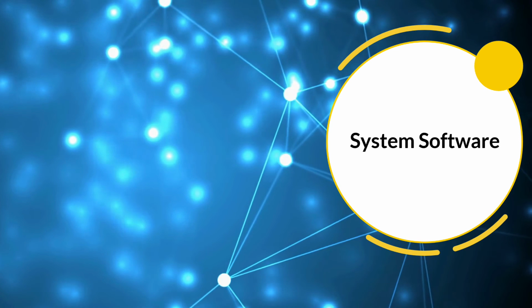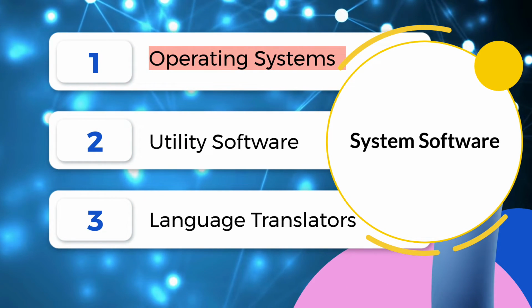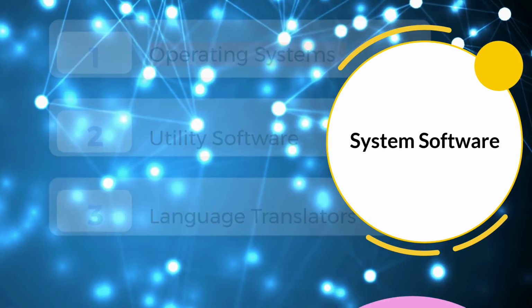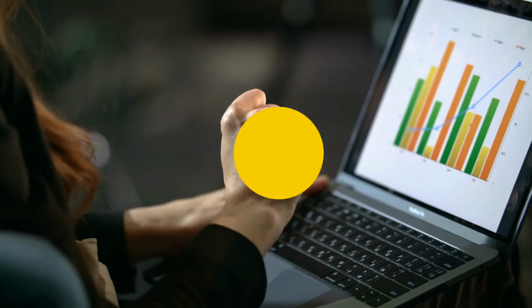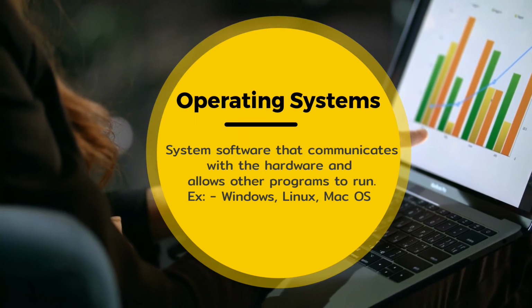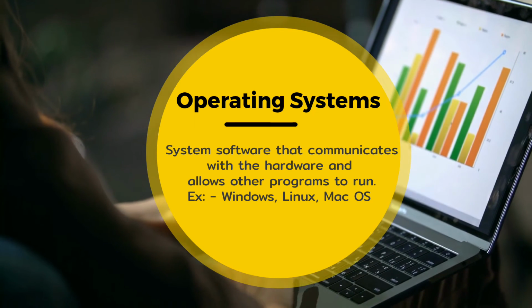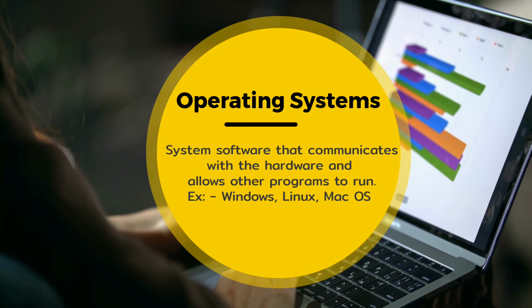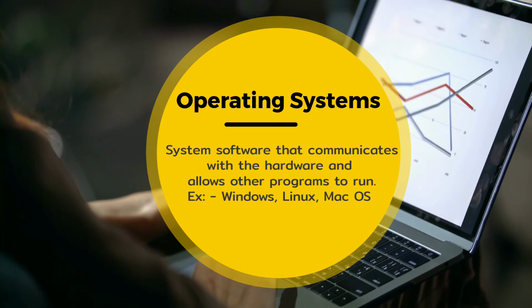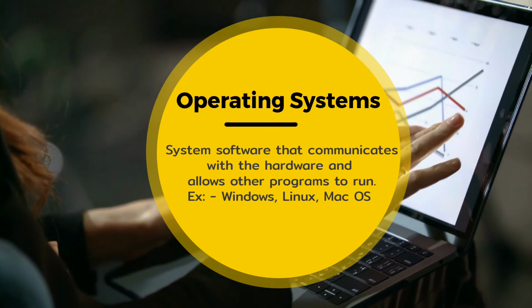Let's learn the first category of system software, that is operating systems. System software that communicates with the hardware and allows other programs to run is known as operating systems. For examples, Windows, Linux, and Mac operating system.